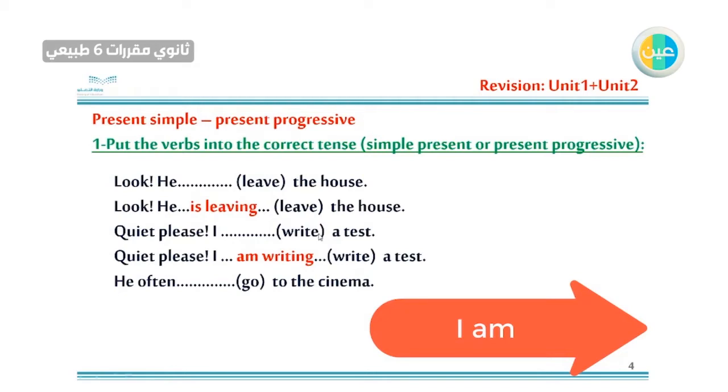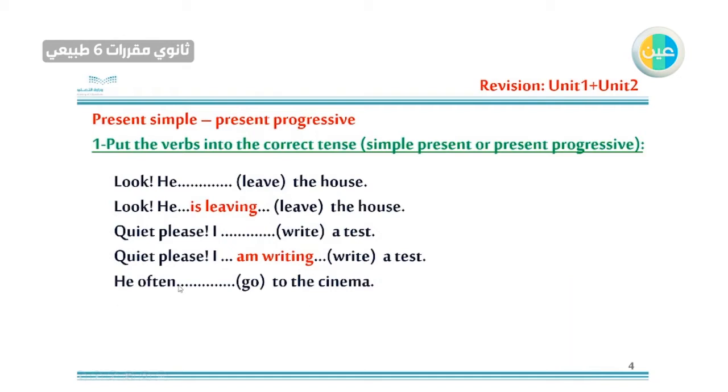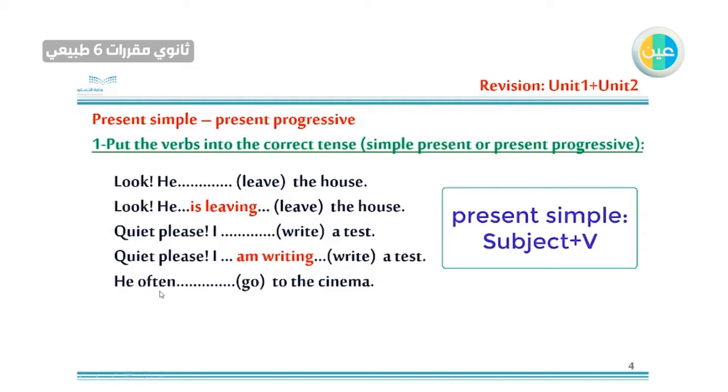I am writing. He often go to the cinema. Okay, often. This word tells us it's one of his habits or routines. So we will go with the present simple. Do you remember what's the rule for present simple?